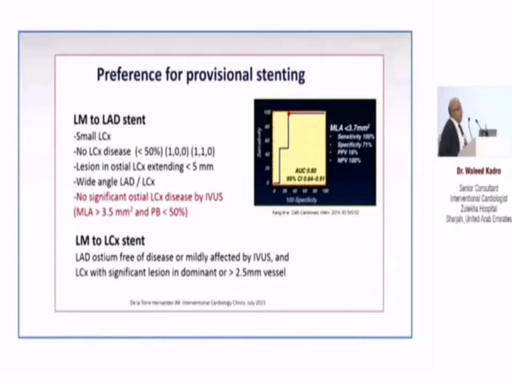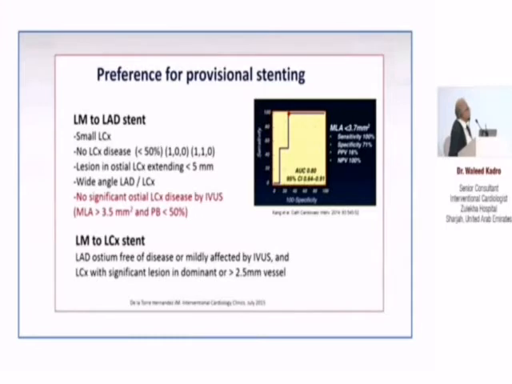Now, the preference of provisional stenting, and everybody knows about the result of the ABC bifurcation or ABC main trial, which was presented at EuroPCR virtually about 4 months ago. But the idea to proceed with provisional stenting is when there is a small circumflex, there is no ostial lesion in the circumflex, and the plaque burden is small in the circumflex.